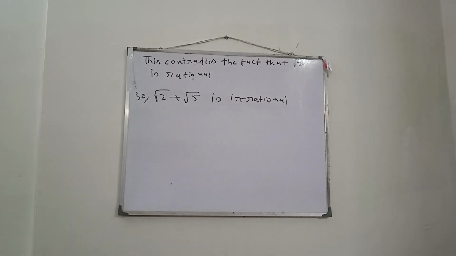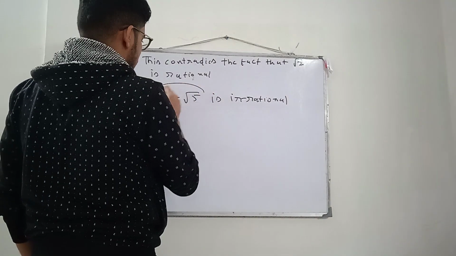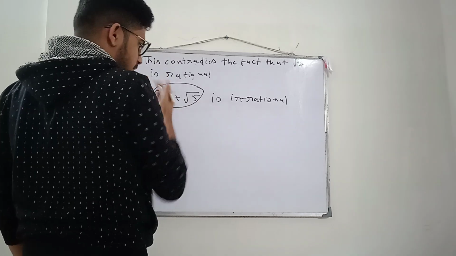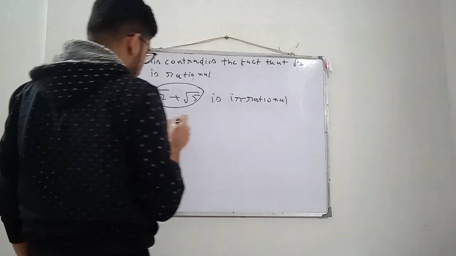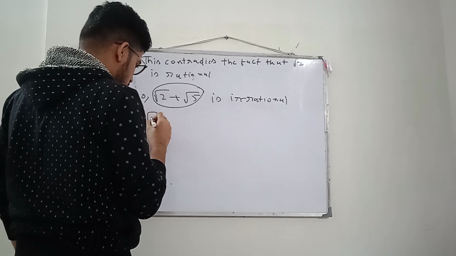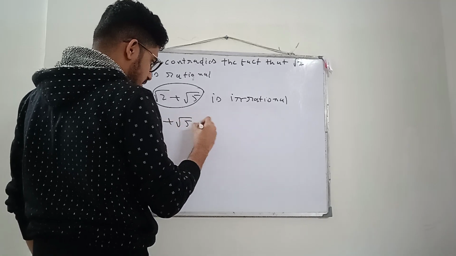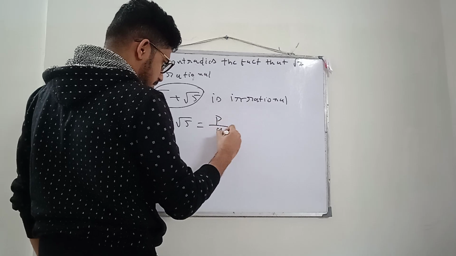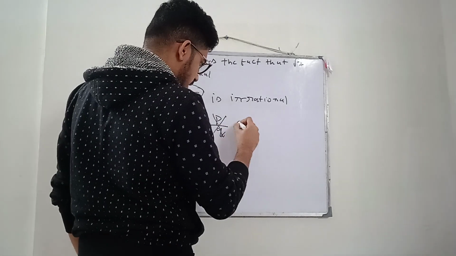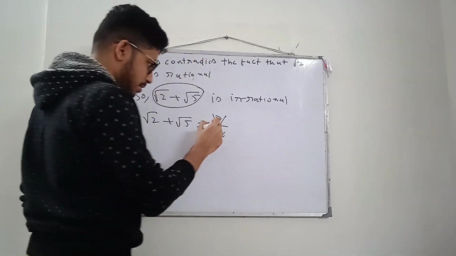Irrational means that we cannot write it in a fractional way. That means root 2 plus root 5 is not p by q.